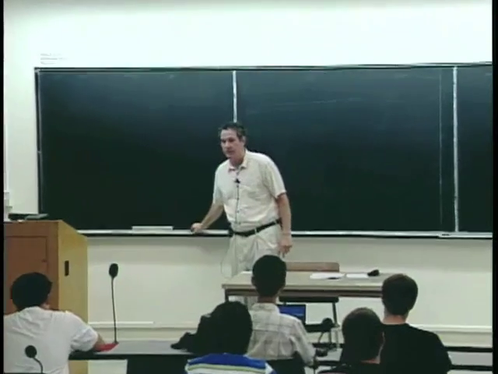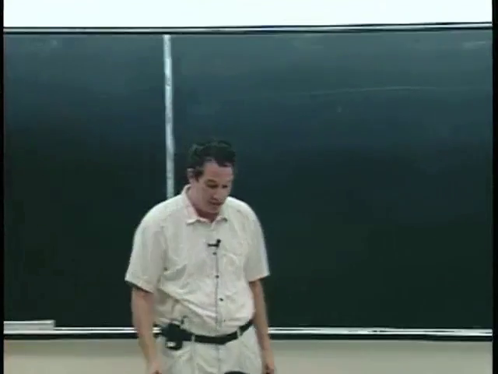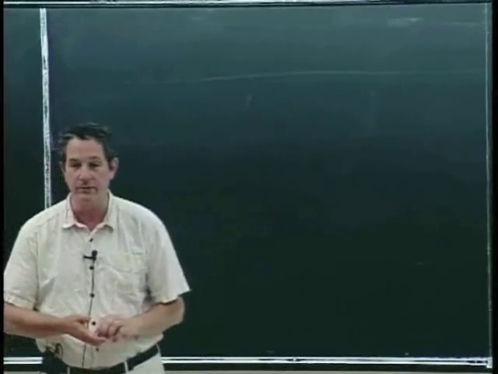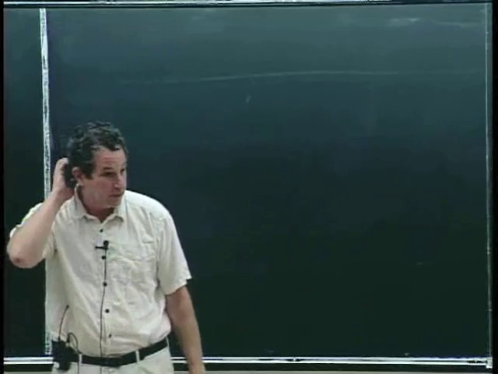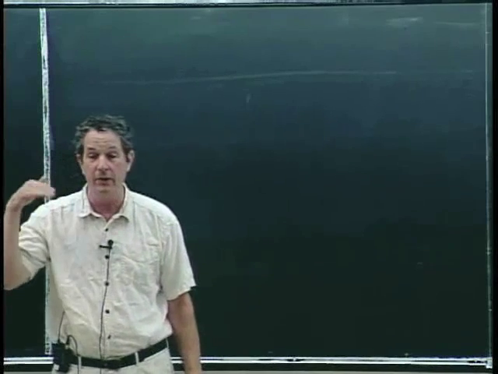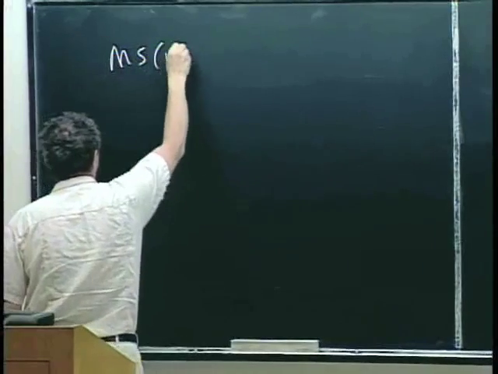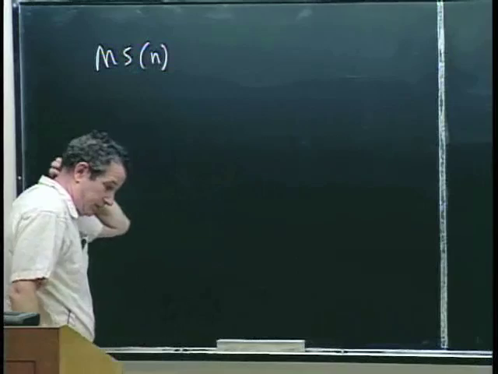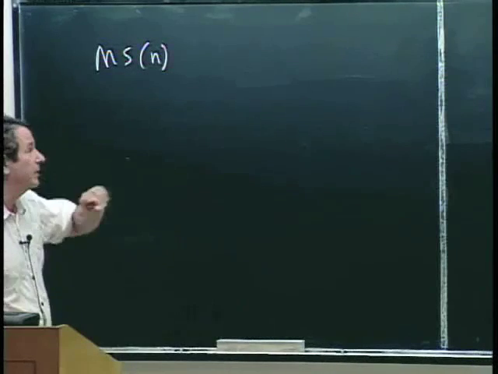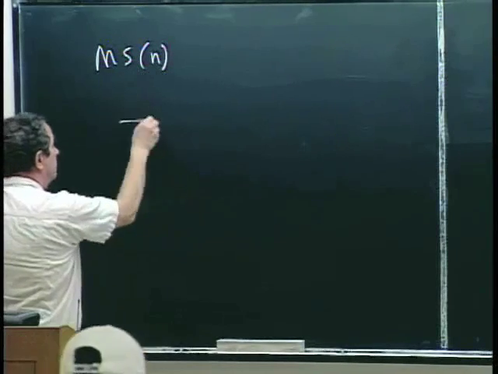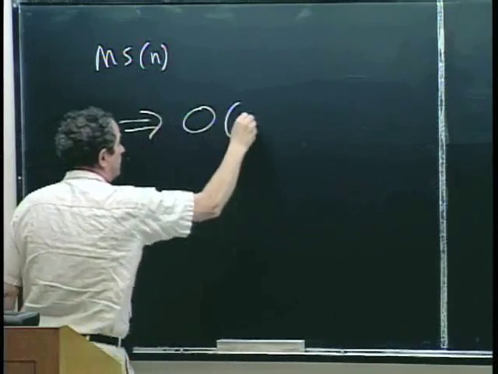Last time we looked at merge sort, and we did an analysis of the running time by setting up a recurrence relation that mirrored the recursive structure of merge sort. So merge sort on a list of n numbers, we saw that the running time was n log n.